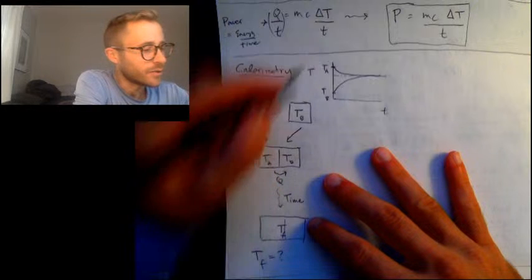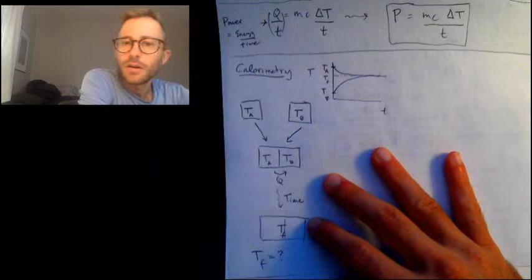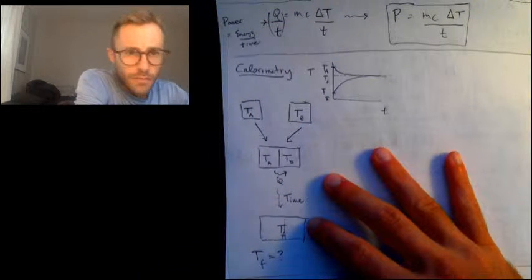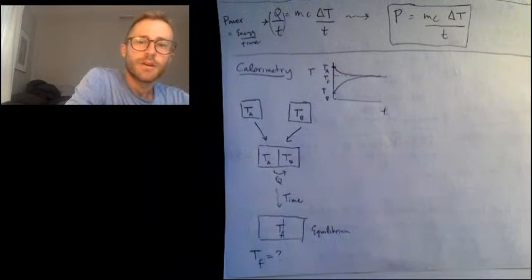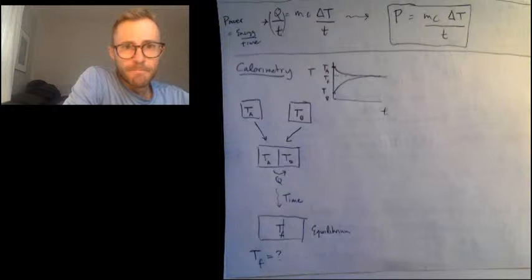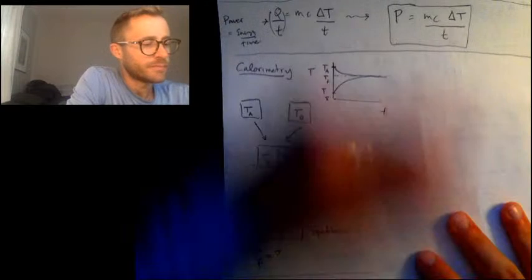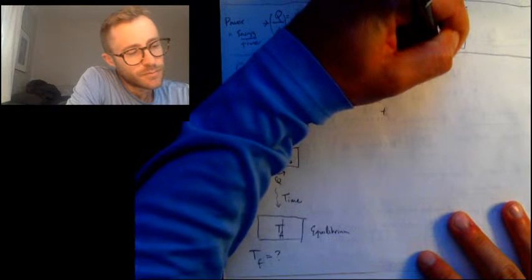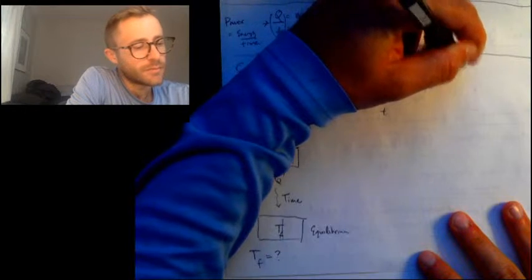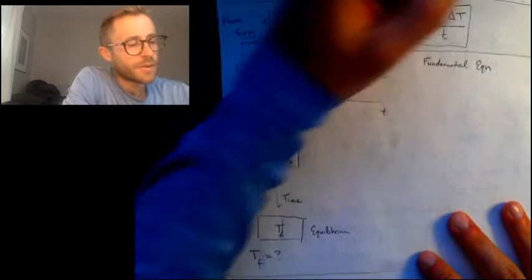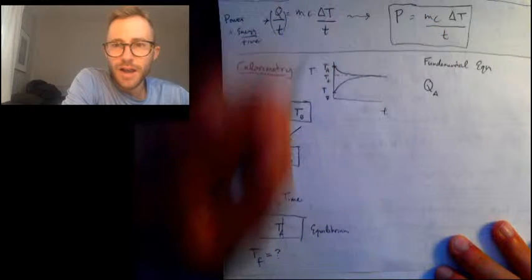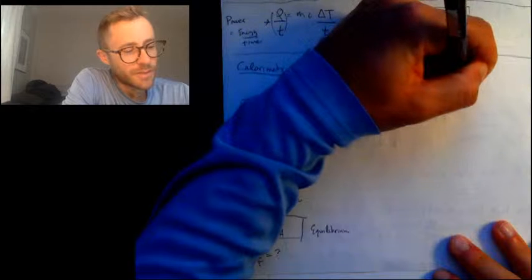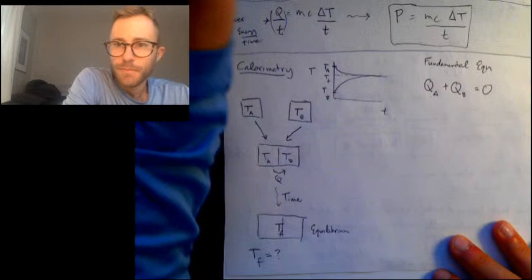So this is the final temperature. And yes, it's an exponential decay to the final temperature. All right, so what is the fundamental equation? The heat gained by A plus the heat gained by B has to equal 0.